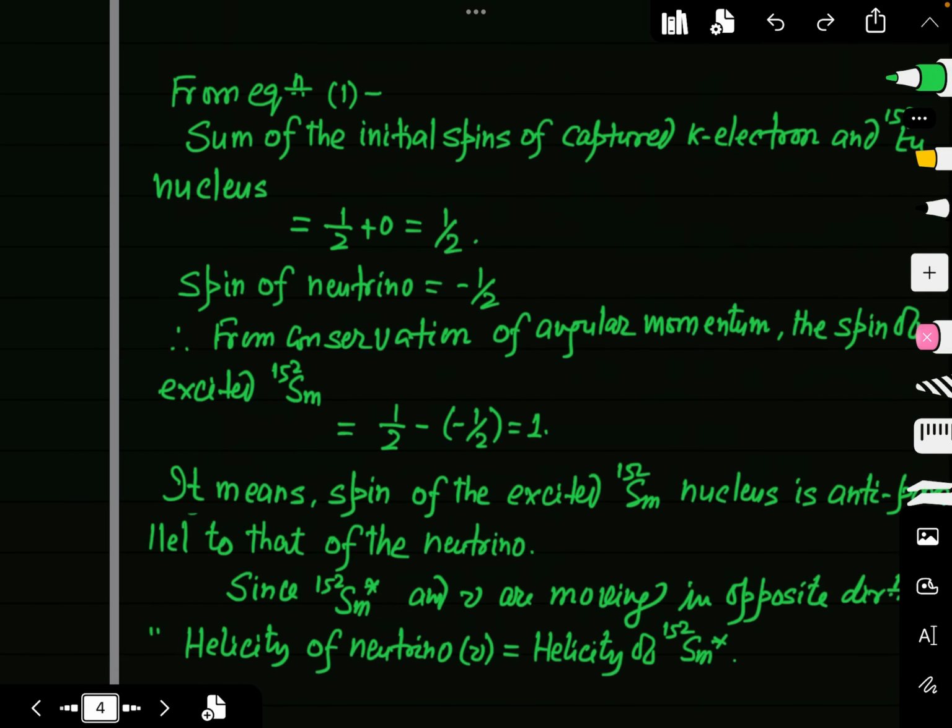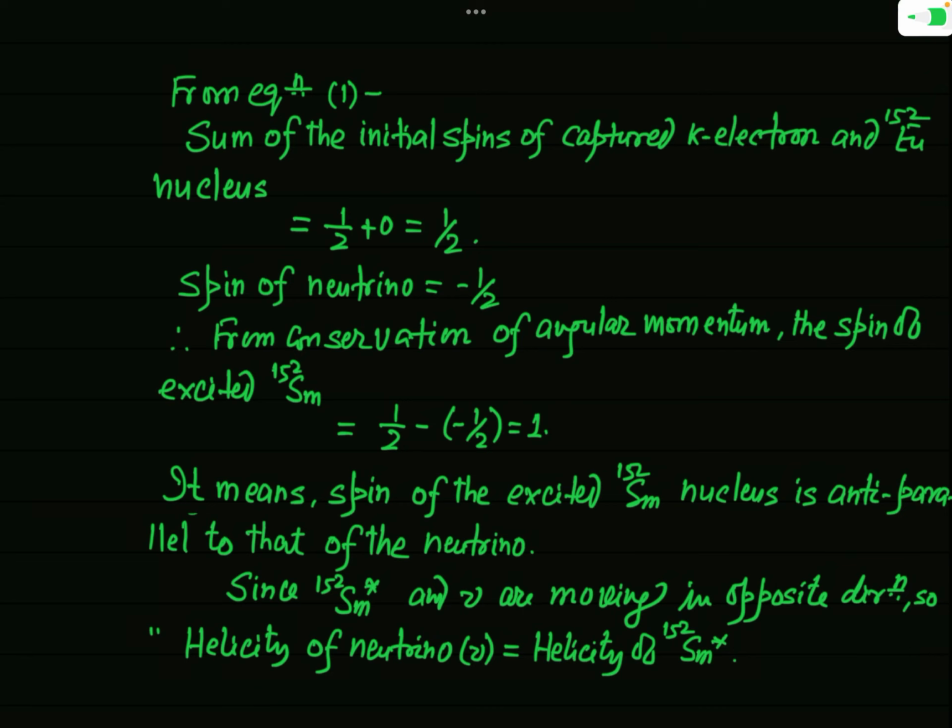You can see that the sum of the initial spins of the captured K electron and the Eu-152 nucleus is 1/2 plus 0, that is 1/2. And the spin of the neutrino is -1/2, so from the conservation of angular momentum, the spin of the excited Sm-152 will be 1/2 minus (-1/2), that is +1.